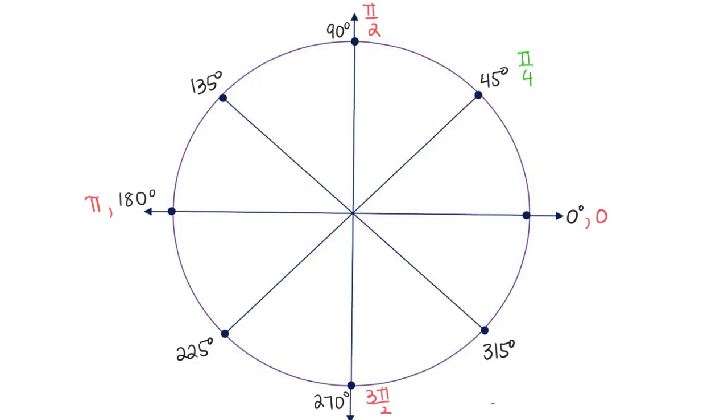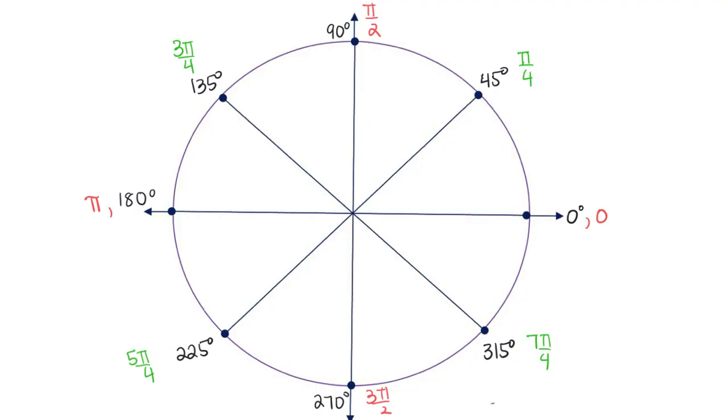That makes this 3 pi over 4. This is 4 pi over 4. 4 pi over 4 is the same as pi. I'm going to go to 5 pi over 4. That makes this 6 pi over 4. If I divide by 2, that's the same as 3 pi over 2. This is 7 pi over 4. And if I keep going, I get 8 pi over 4. 8 pi over 4 is the same as 2 pi.